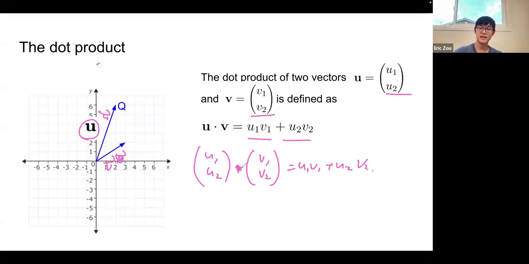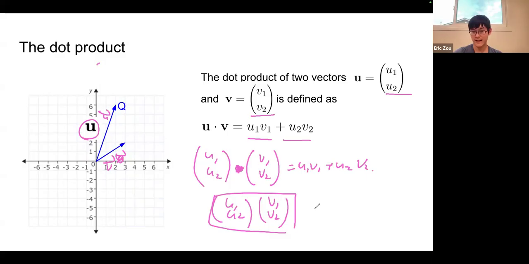Also, a very important thing is that you must draw this dot in the middle. You cannot abbreviate it as this. This is incorrect. It's also important to say it's the dot product, because there's a different product that we won't cover in this course, called the cross product, but that's not important to pre-calculus for now.